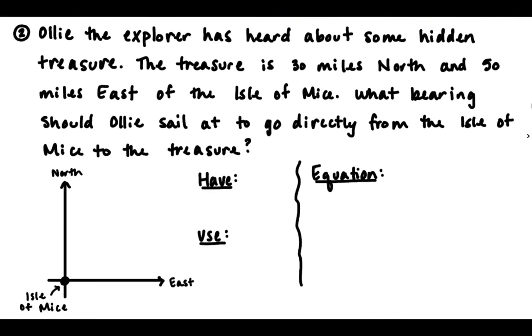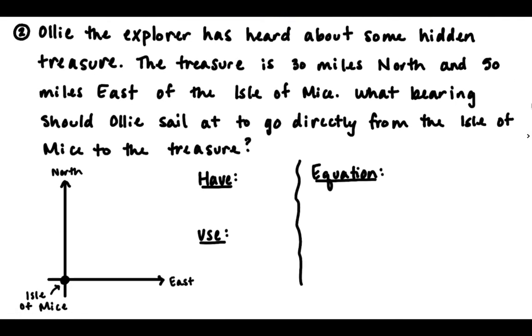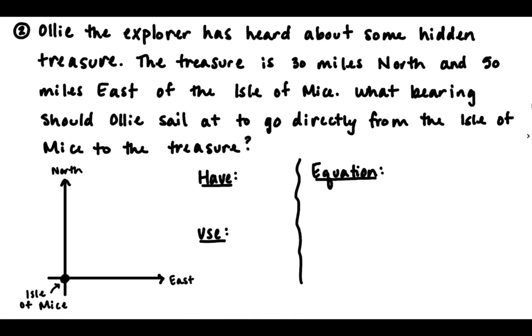Further Adventures of Ollie the Explorer. Okay, so remember we want to set up our map. Ollie the Explorer has heard about some hidden treasure. The treasure is 30 miles north and 50 miles east of the Isle of Mice. So here's the Isle of Mice. If I go north and then east, I get the treasure.